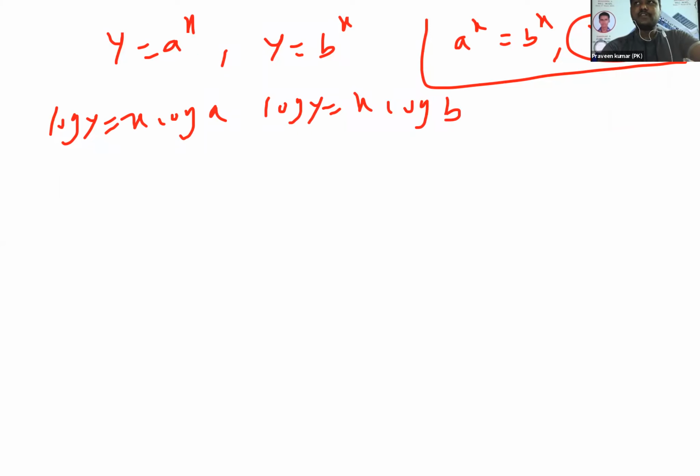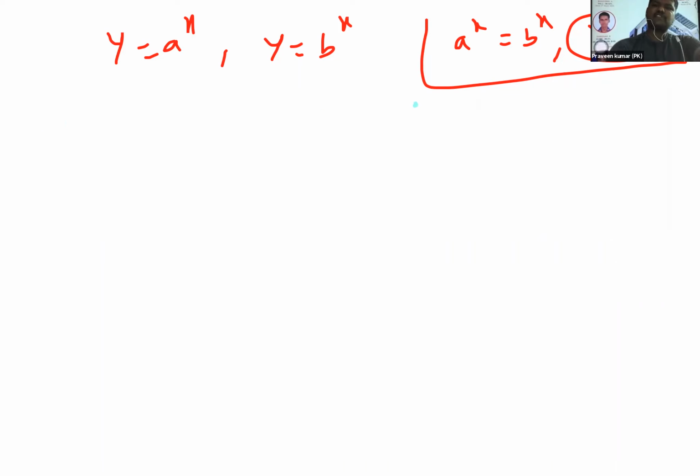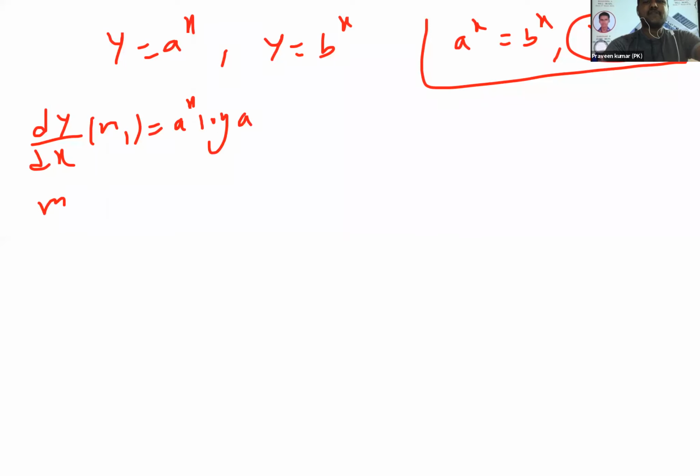Next, shall we differentiate? Or else direct differentiation is also possible, as a shortcut. dy by dx, let's assume this is m1: a power x log a. So m1 is equal to, in place of x substitute 0, a power 0 log a. A power 0 means 1, so you will get log a.